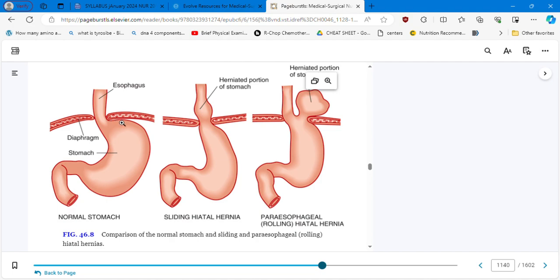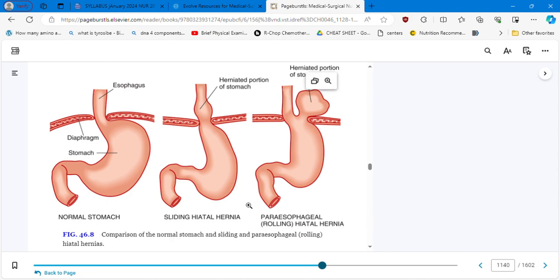It is at the level of the lower esophageal sphincter. Then we have the herniated portion of the stomach, whenever the stomach goes up and invades the space of the esophagus. And then you have the herniated portion of the stomach called the paraesophageal rolling hiatal hernia.